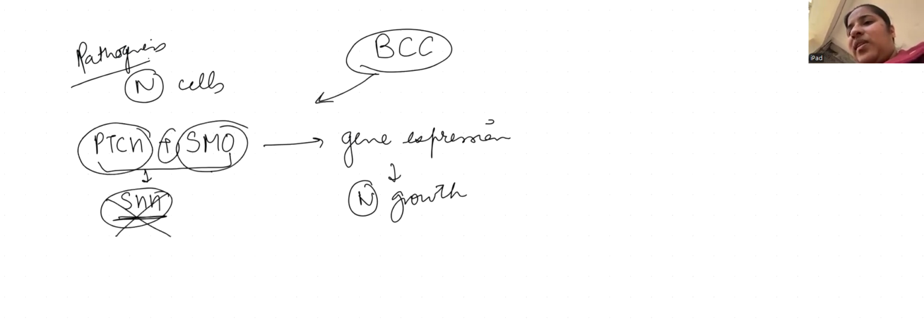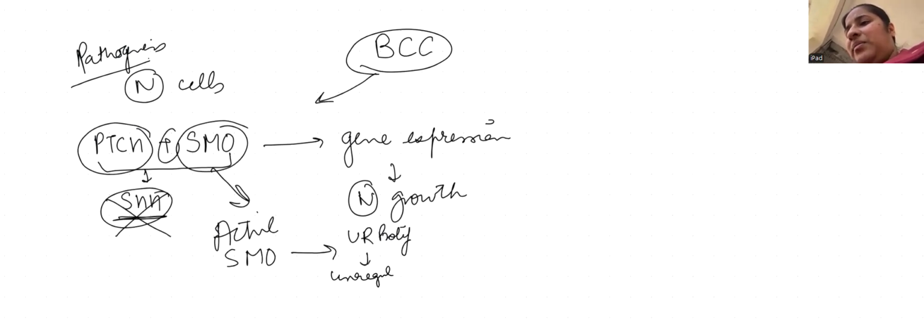This SMO is highly active and it leads to unregulated proliferation and finally unregulated growth, hence forming BCC. So basically there is a mutation in this PTCH gene which leads to the active proliferation of the SMO. Okay. So when you talk about BCC, there is a problem in the Hedgehog signaling pathway.